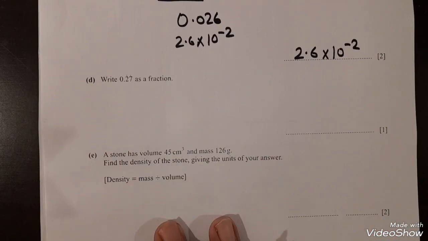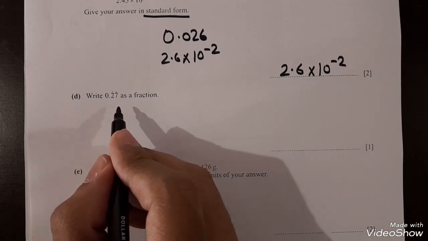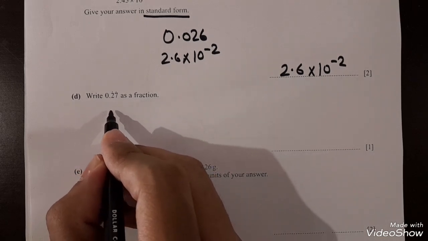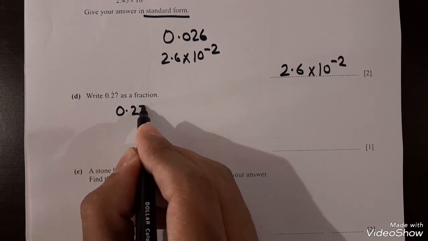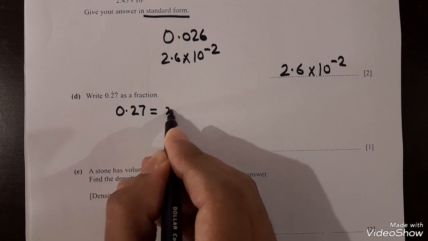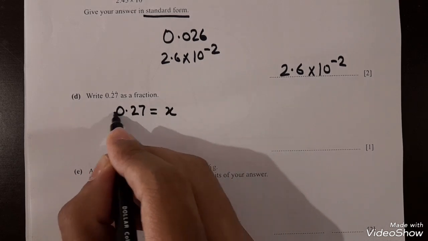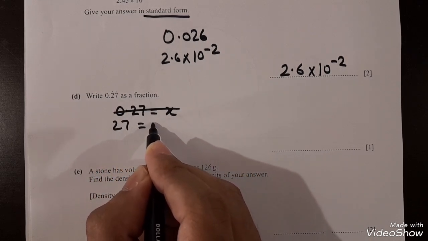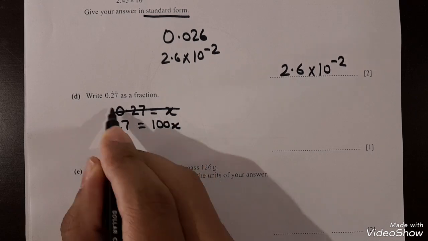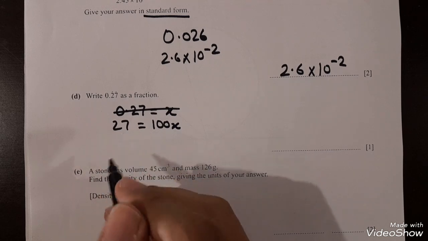Then question D states: write 0.27 as a fraction. So we will write 0.27 is equal to x, and 27 is equal to 100x, because multiplying 0.27 by 100 gives 27.